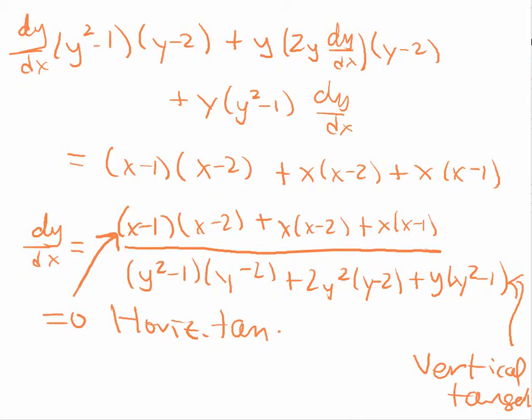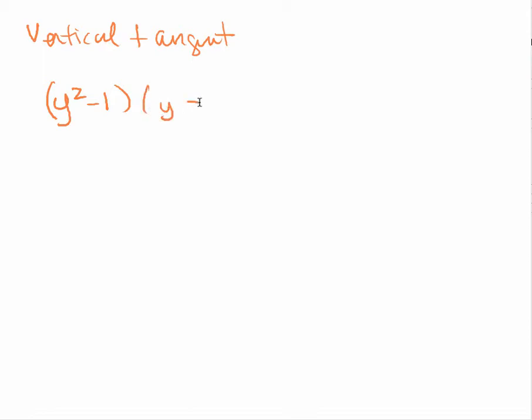So let's take a look at the vertical tangent case. First, we know that we need the denominator to be 0, so that was y squared minus 1 times y minus 2 plus 2y squared times y minus 2 plus y times y squared minus 1 equals 0.